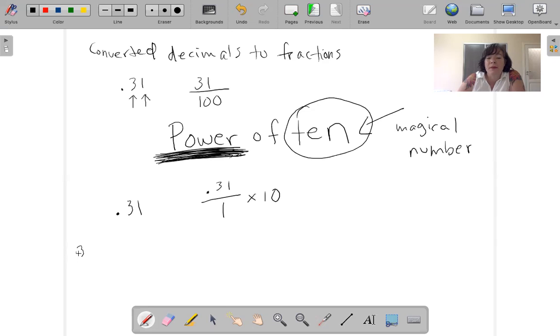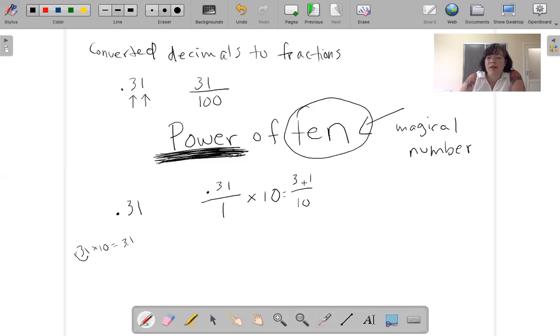0.31 times 10, all you do is move the decimal over 1, so you get 3.1. And 1 times 10 is 10. So 0.31 over 1 times 10 is 3.1 over 10. Well, I've still got a decimal here.